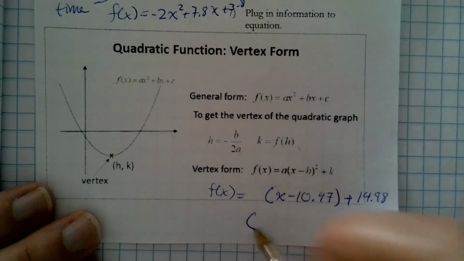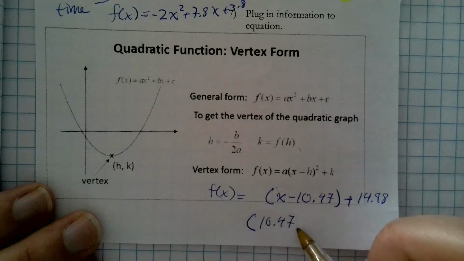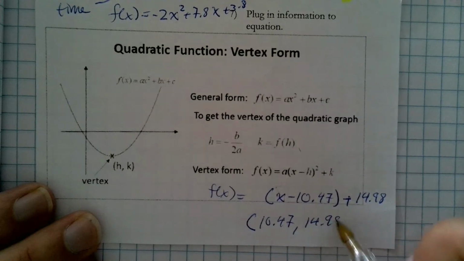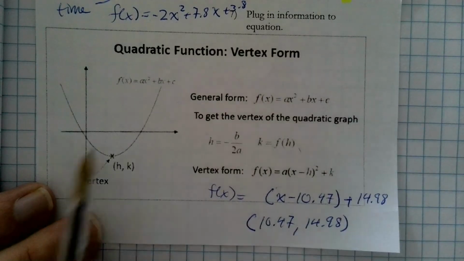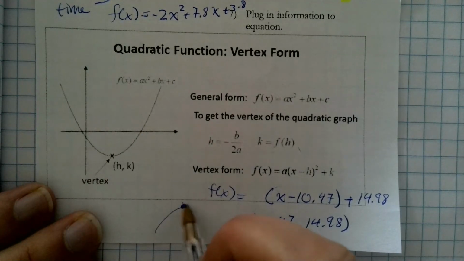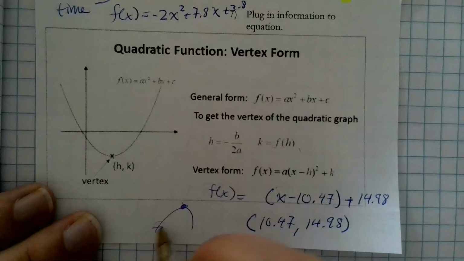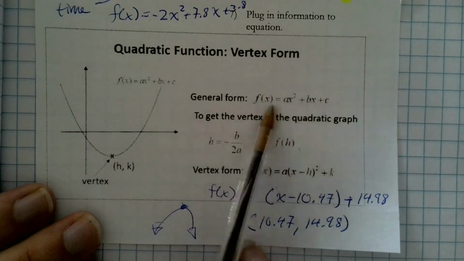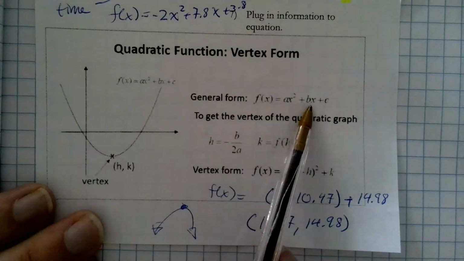And this gave you the vertex of 10.47, 14.98. That's giving you that vertex, that peak. So on the curve, it was giving you that vertex form, remember? That peak at the top. And this is just the general form, the basic form that we always use.